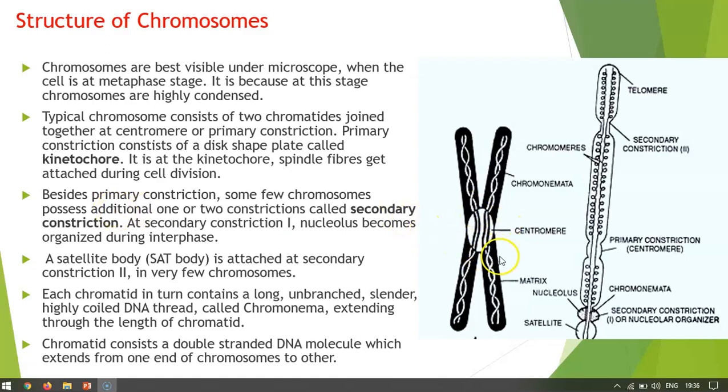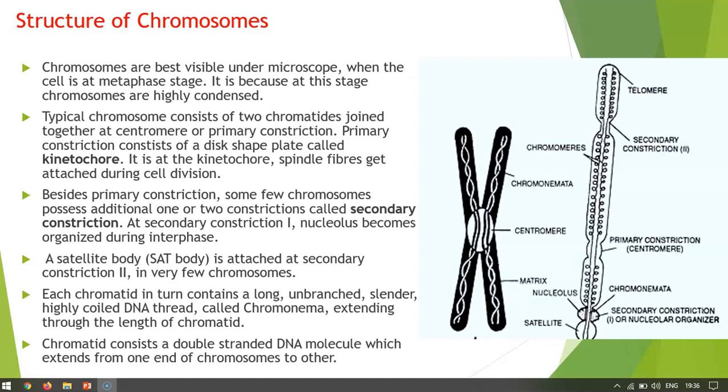Besides the primary constriction, a few more constrictions are present in a chromosome. Here, I've taken a single strand to explain the constrictions. You can see the primary constriction 1, and the secondary constriction here 2. Now, these are required for the organization of the nucleolus. You have a small satellite body which is attached at the secondary constriction in a few chromosomes.